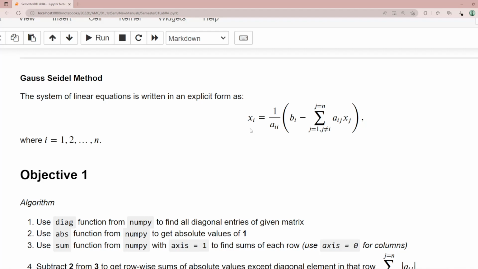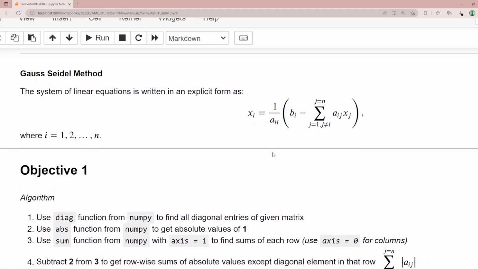So for example, the ith equation has to be written with xi, corresponding to the ith variable, as 1 divided by aii, that is the coefficient of the ith variable in that ith equation, times the right hand side, which is the constant, minus the summation of the products of the coefficient and the variable except the ith variable.